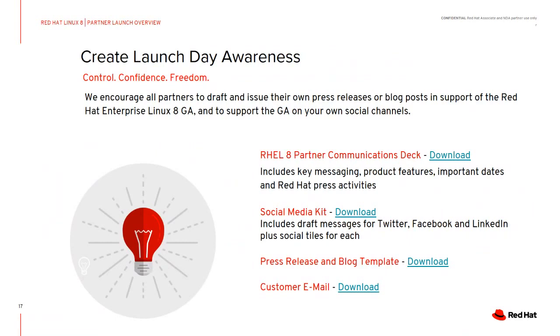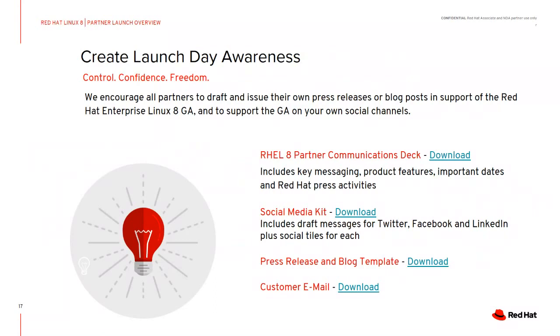So you can get into the partner portal of Red Hat. Okay, I hope everybody has access to our Red Hat partner portal. So you can get into the partner portal and download the communications deck and attach it along with your mail campaigns. And also you'll get a social media kit.